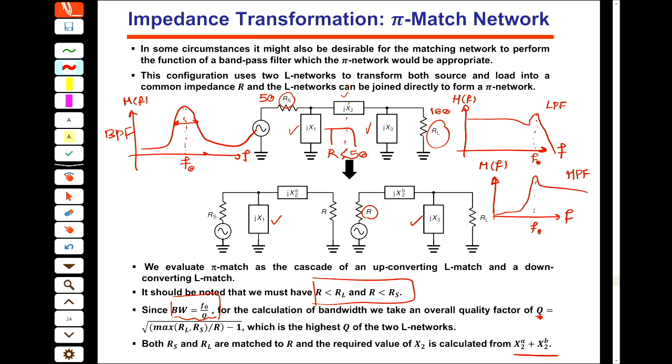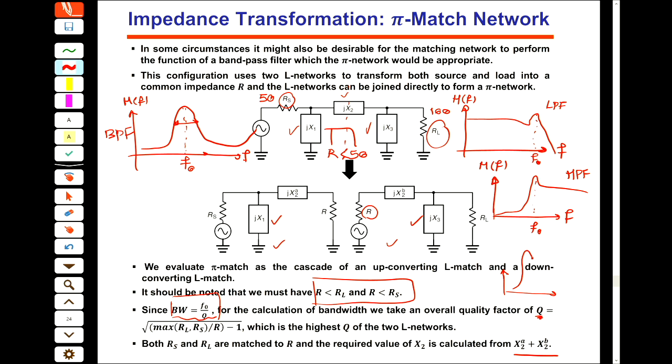Definitely we have two Q factors, because this circuit has one Q factor and this circuit has another Q factor. But we should select the highest Q factor, because the highest Q factor has the lowest bandwidth.